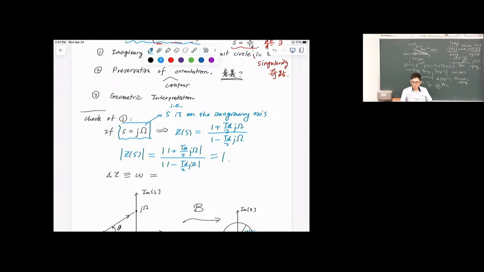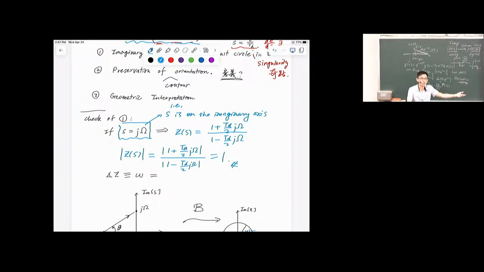Because this is simply a complex number divided by its complex conjugate. A complex number and its complex conjugate have equal length, therefore when we make the division, the result is 1. So we have shown that if S is on the imaginary axis, after the inverse bilinear transformation, it maps to the unit circle.